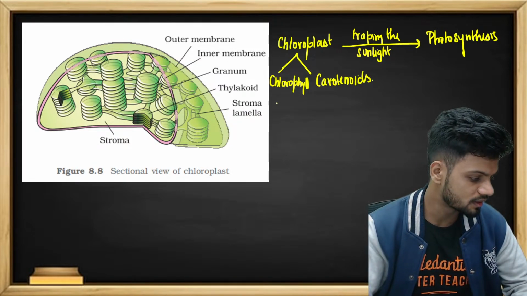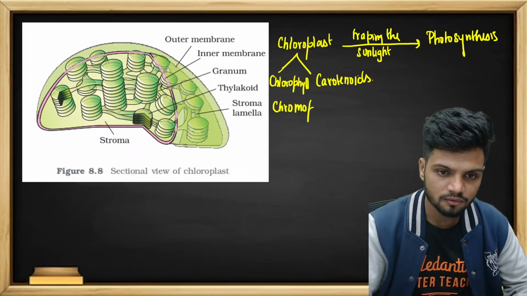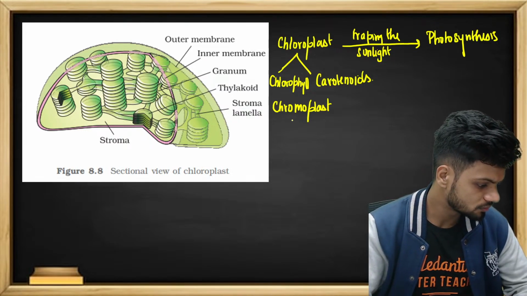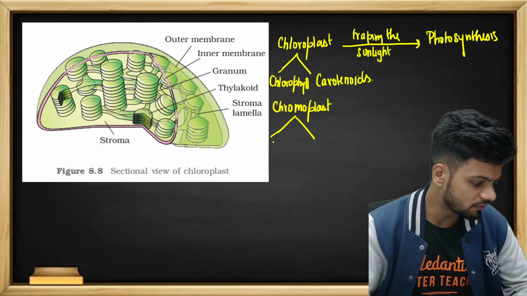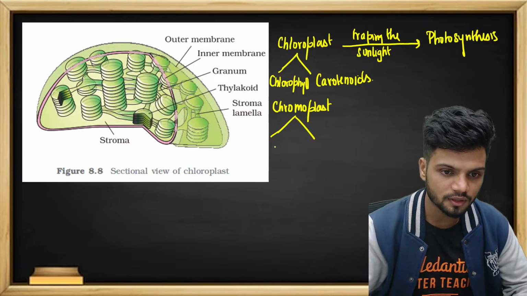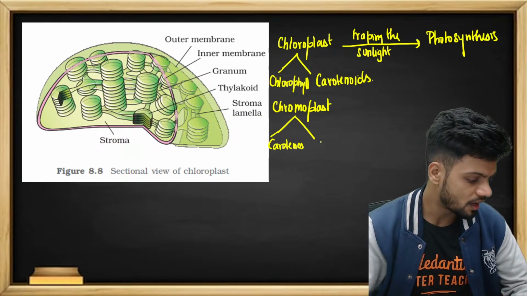Then we have chromoplast. Chromoplast mainly has two things again, carotenes as well as xanthophyll.